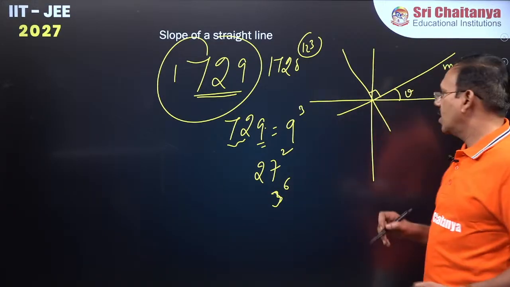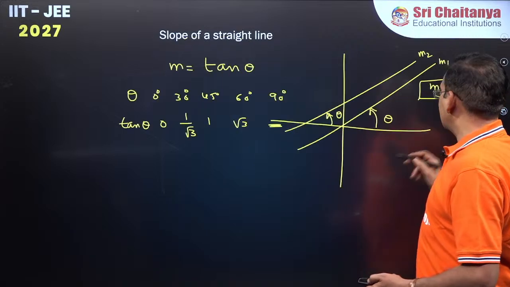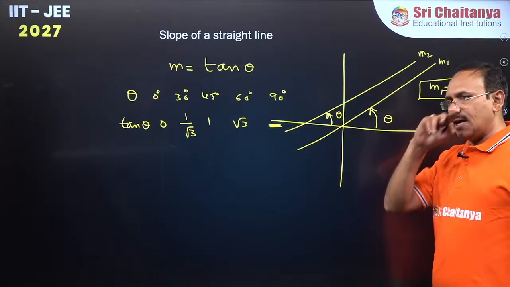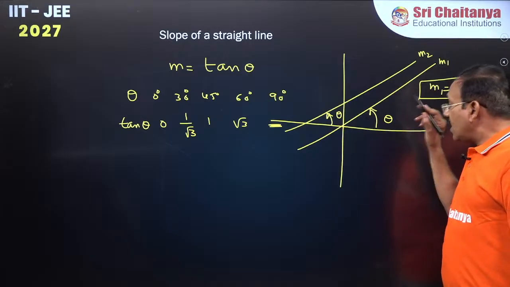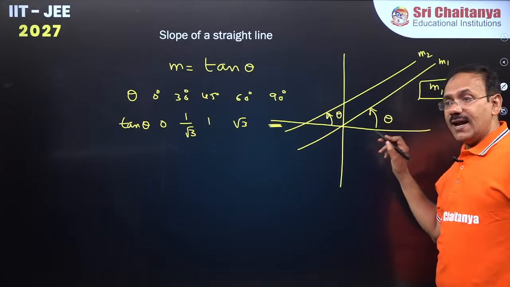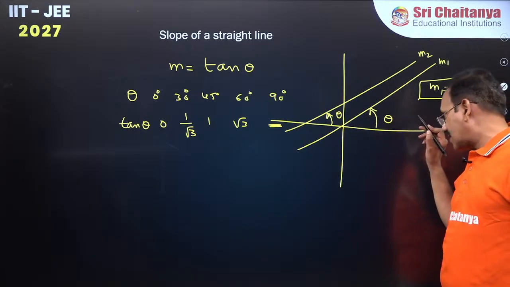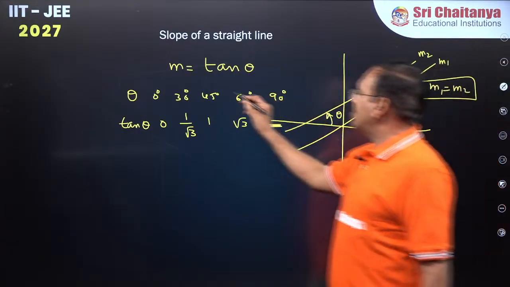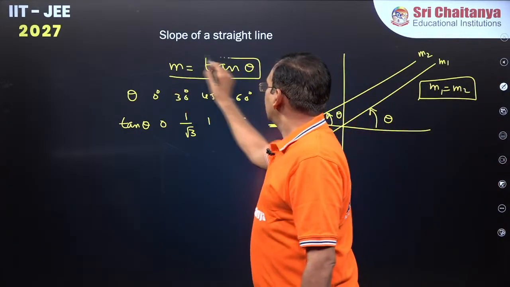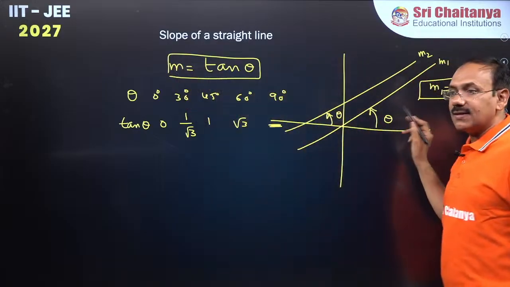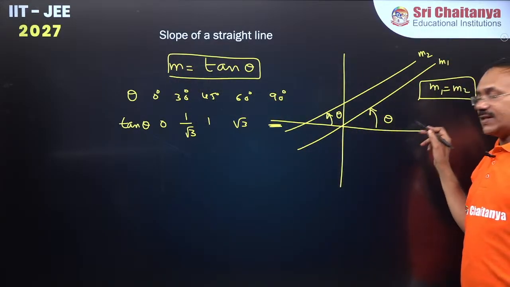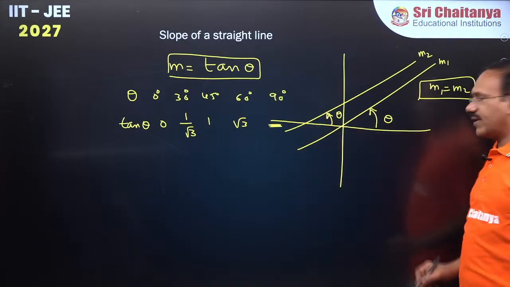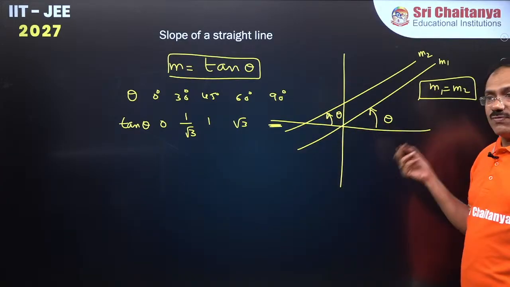Right dear students, somebody is asking to explain the slope again. If a line makes an inclination theta with x-axis, then the number tan theta is called slope. Suppose a line is making 30 degrees angle with x-axis, slope is tan 30 degrees, which is 1 by root 3.